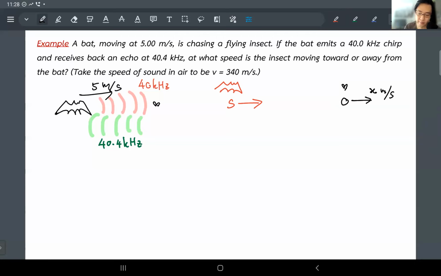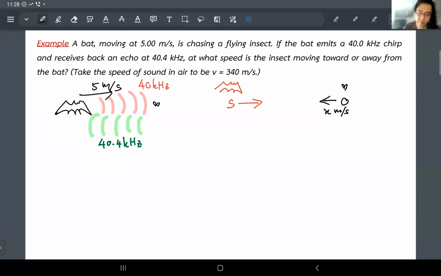Or you might argue that because the reflected frequency is higher, by common sense the insect is probably flying towards the bat, but who knows? It totally depends on the mathematics. You can assume any direction for the velocity of the insect. That is fine.